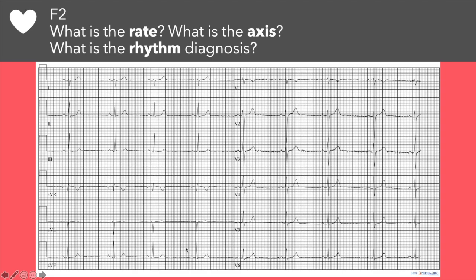And in lead AVF, the QRS is pointing upright. So the vector would point downwards in the axis diagram. This would give me the net effect of bottom left, which is a right axis deviation. And the rhythm is sinus bradycardia. I do see a P for every QRS, and all these P's look about the same.